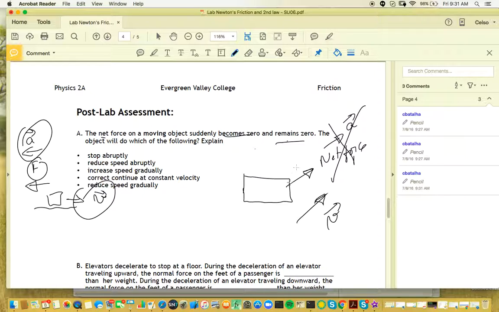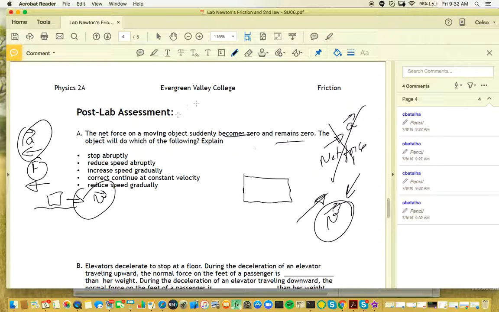Well, according to Newton's first law of motion, if an object is stationary, or if it's moving with a given velocity, and the net resultant force on it is zero, it shall remain at rest or moving with that same velocity forever and ever.